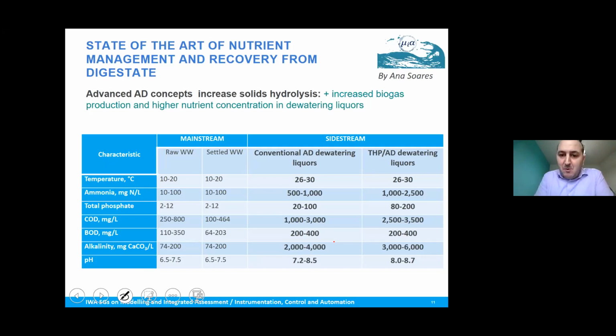As an example, the water and liquors from a thermal hydrolysis process coupled to anaerobic digestion exhibit ammonia concentration in the range of 1,000 to 2,500 milligrams per liter compared to 500 to 1,000 milligrams per liter of conventional AD water and liquors, and also total phosphate concentration up to 200 milligrams per liter compared to the total phosphate concentration in conventional liquors from 20 to 100.